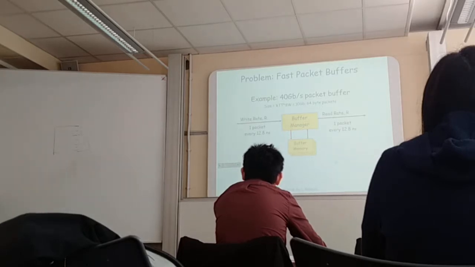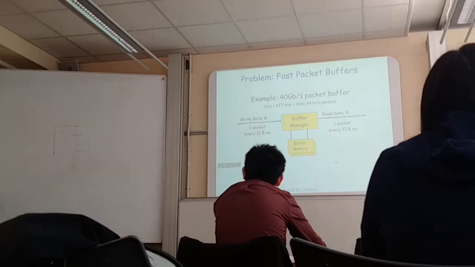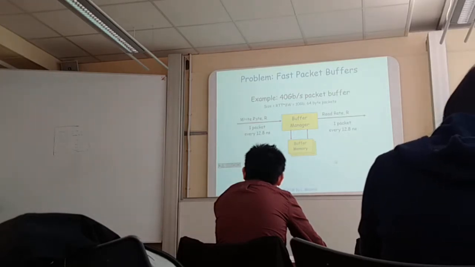In order to calculate your buffer capacity, it must be the input line bandwidth multiplied by the internet round trip time. And if you are given this type of speed, therefore you will need to have around 10 gigabit memory for that buffer in order to have reliable communication.